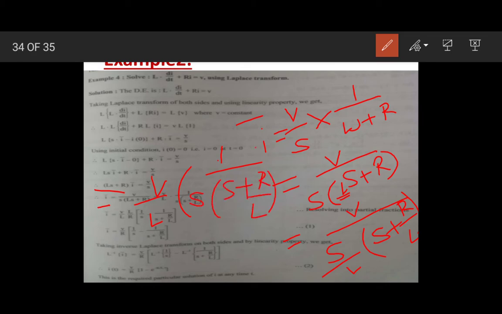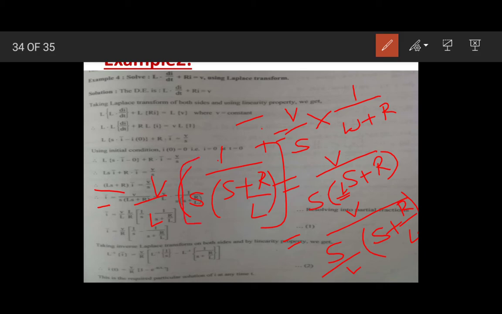So if I am taking LS common, then this will be S upon L. I am taking LS common from this, so it will be S plus R upon L. Now I am writing this as, this is same as V upon L into 1 upon S into S plus R upon L.